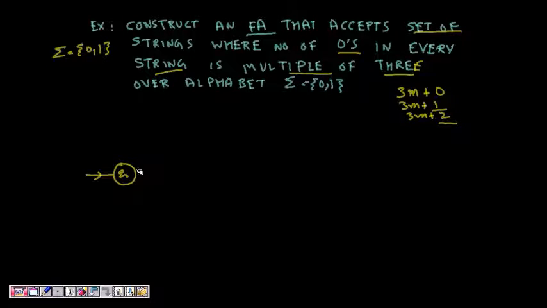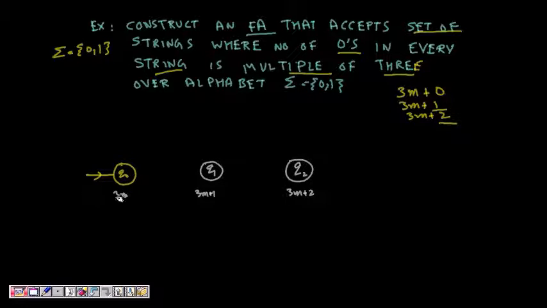I start from Q0, which is of the form 3m. Then Q1 is 3m plus 1, and Q2 is 3m plus 2.